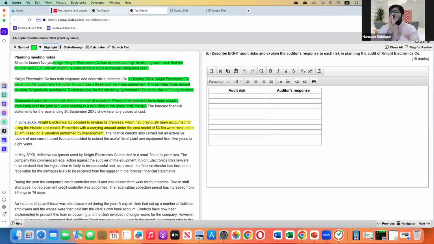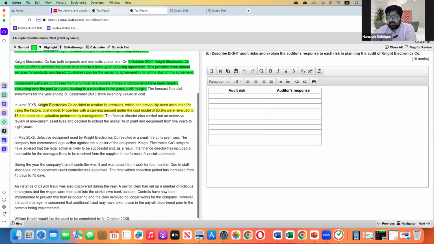Prices of components are increasing, reduction in gross profit margin. So cost is increasing, price is shrinking. IAS 2: cost may be higher, selling price may be less.